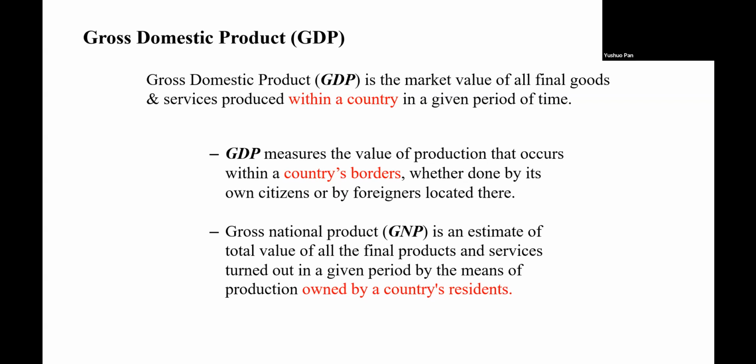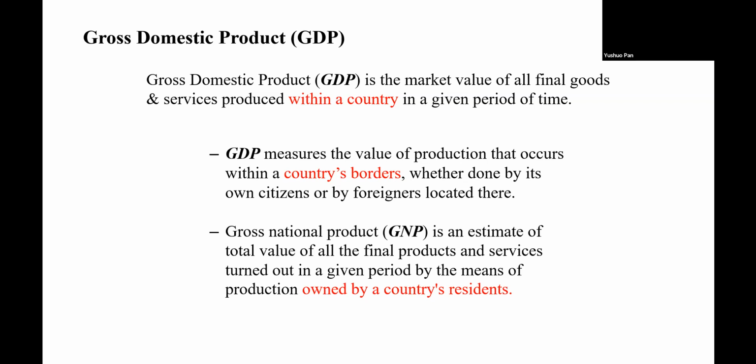For example, I'm Chinese, and I teach here. I earn US dollars as pay. So will my pay be included in GDP or GNP? First of all, in the GDP of the US, right? Since I do my job here in the US, no matter what nationality I belong to, I work here and earn money here.